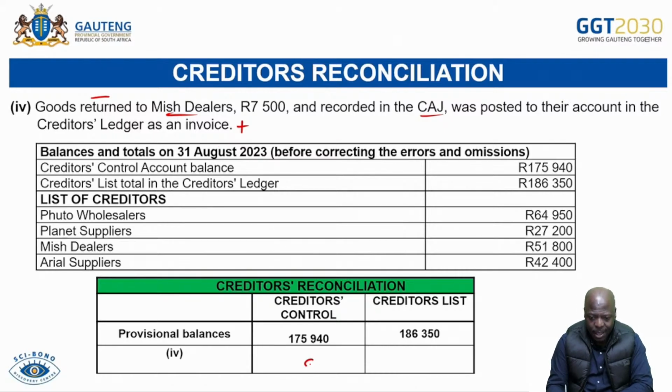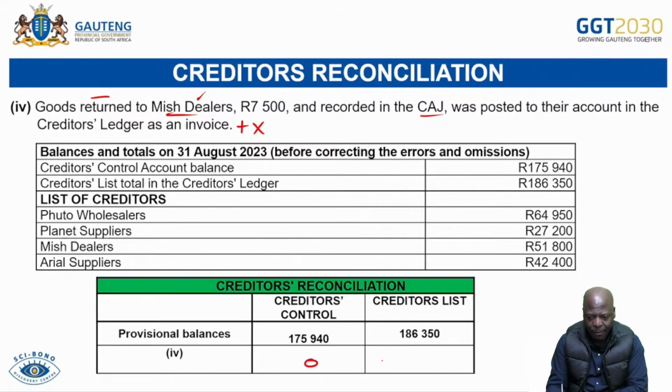That means my control is okay. There is no error in my control. The error is in the list because when I was posting it to Mish dealers, I was supposed to say minus 7.5, but I went on to say plus 7.5, which was wrong.